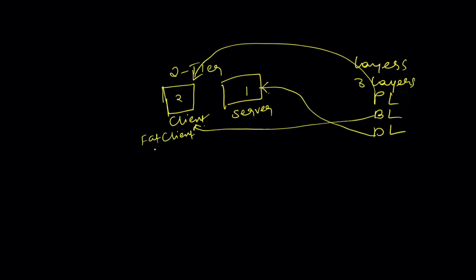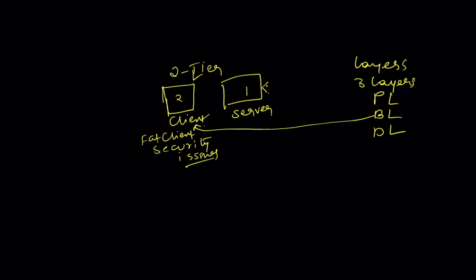Also, if the business logic is done on the client side, there will be no security in the application and security issues will arise. So we cannot keep the business layer here. In this case what we can do is roll back, and we will see this.